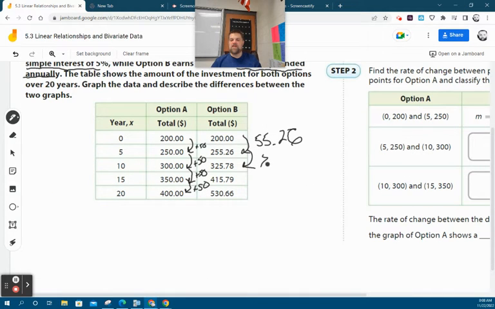So to get from here, we go $70.52. So this changes. So my rate of change changes. So just because this is not the same every time, option B is nonlinear. And option A is linear.